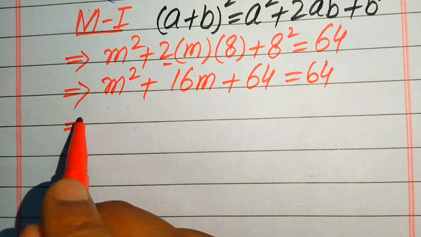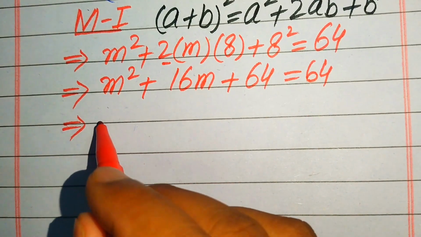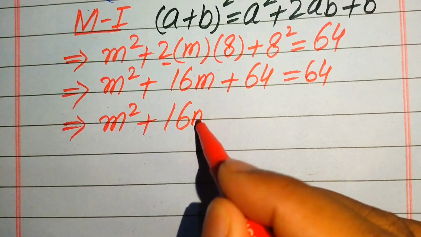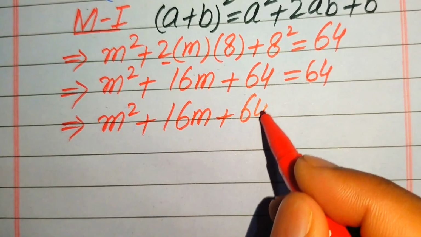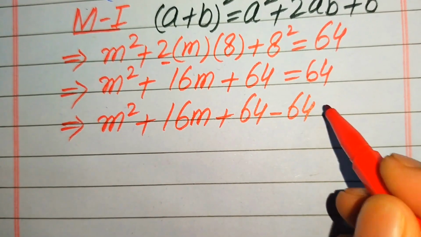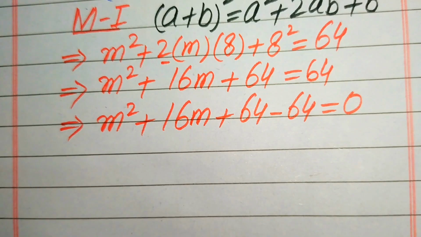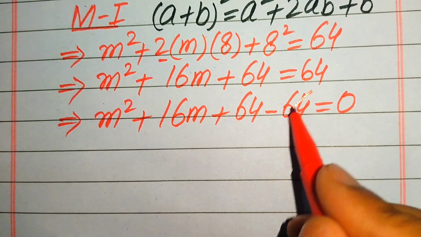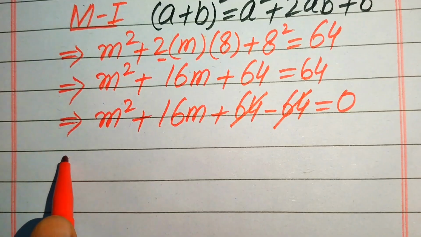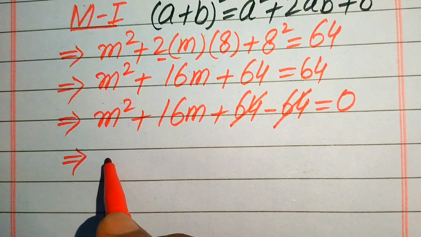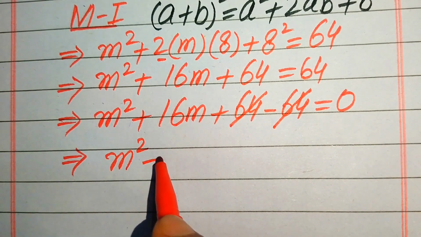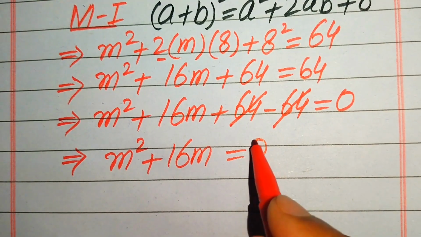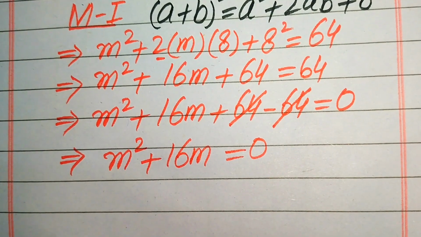Now we move the term 64 from the right hand side to the left hand side, so we obtain m square plus 16m plus 64 minus 64 equals 0. The minus 64 and plus 64 cancel out each other, and the remaining terms are m square plus 16m equals 0.